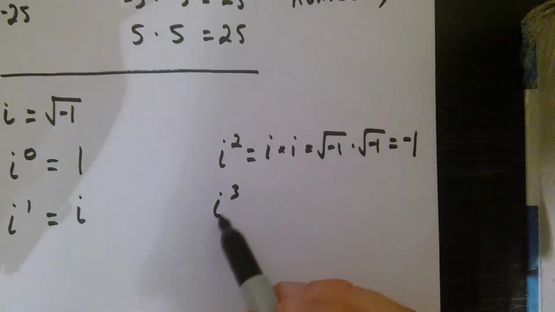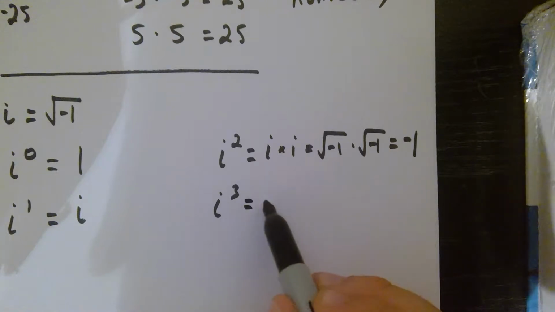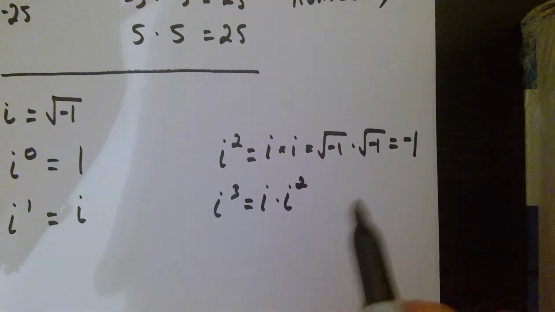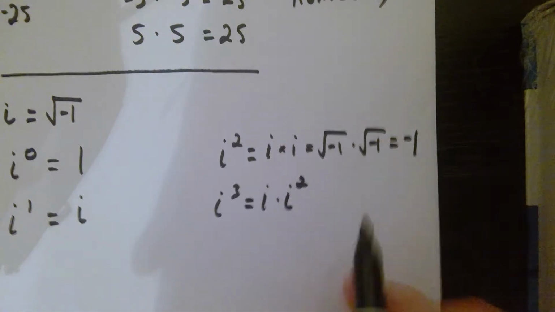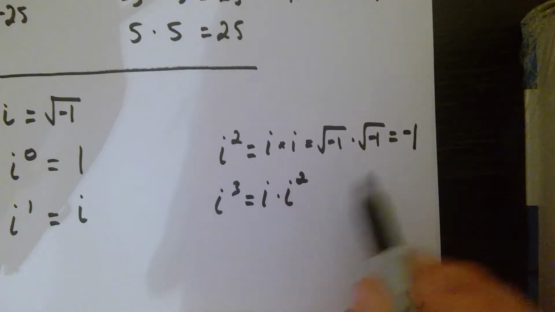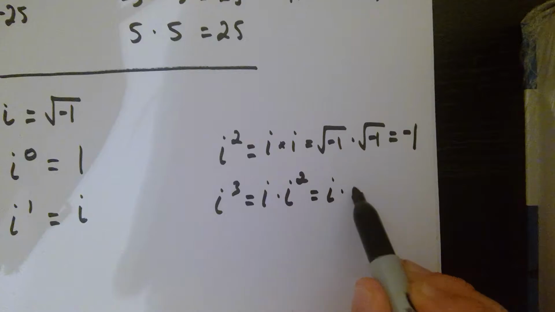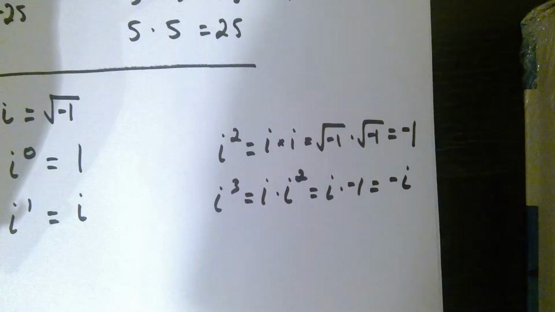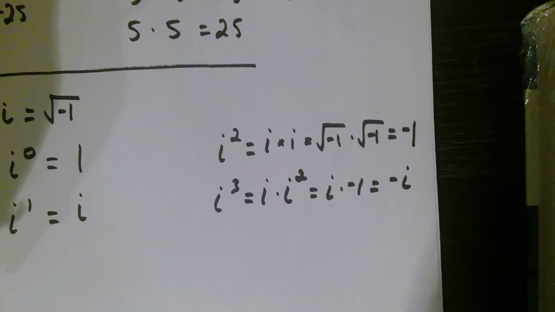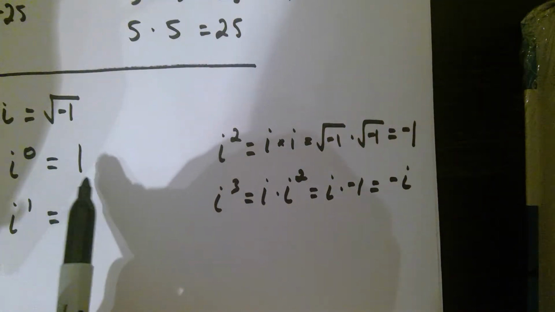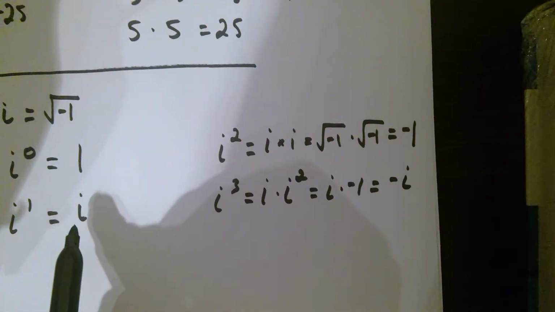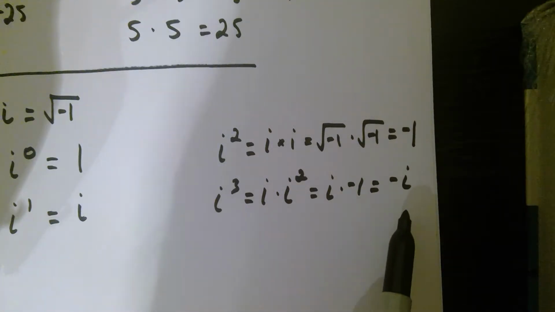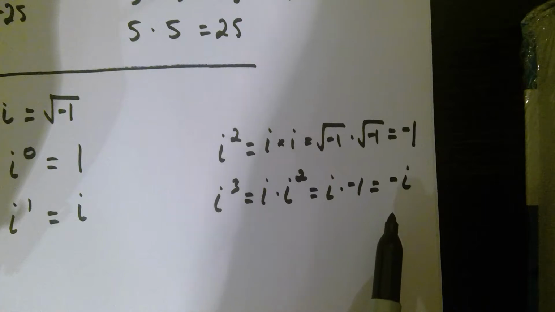Now, i cubed is the same as i times i squared. i is i, and i squared is negative 1, so i times negative 1 equals negative i. So i to the 0 equals 1, i to the first equals i, i squared is negative 1, i cubed is negative i.